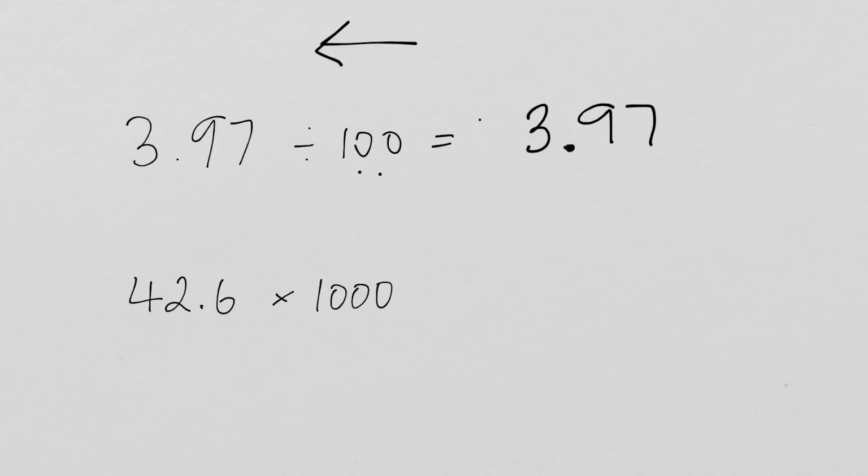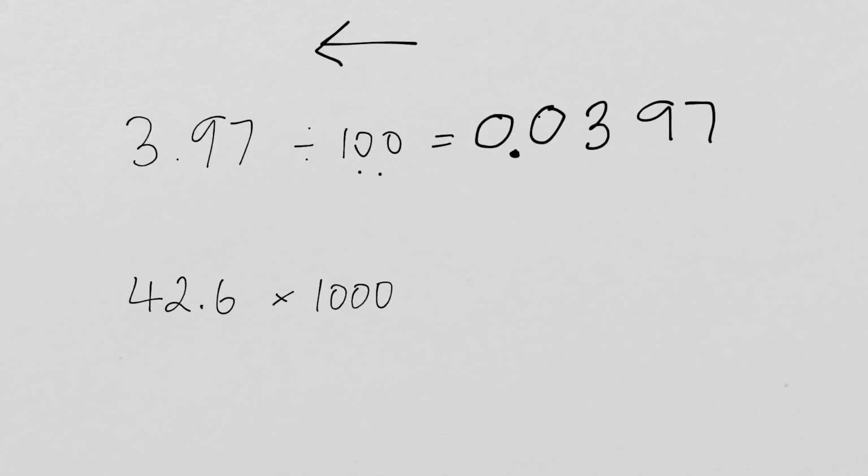So here's my decimal point, and I'm going to move it one place. I've got nothing to move it past, so I have to add a 0, and then move it 2 places. So there's the answer to that. And we always put a 0 in front of a decimal point. 0.0397. Again, it started here, right? And since we're dividing by 100, it goes once, twice to the left.